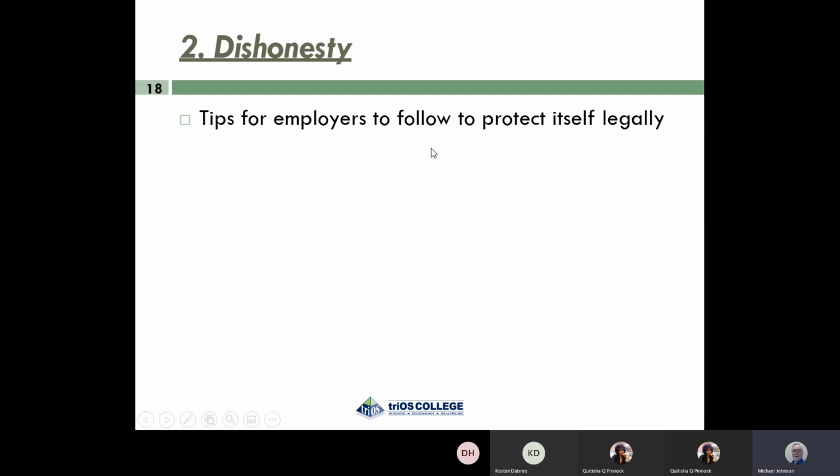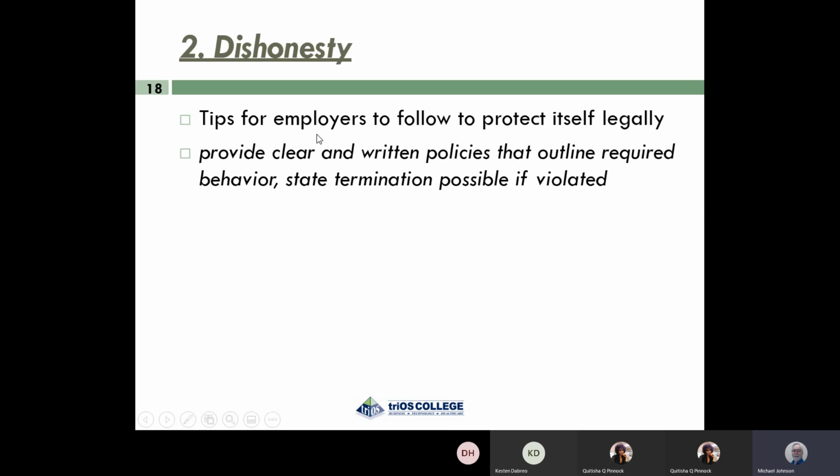Tips for employers to follow to protect themselves and the company itself on a legal basis: provide clear and written policies. Employees must know what behavior is defined as, and they have to know what is unacceptable behavior.